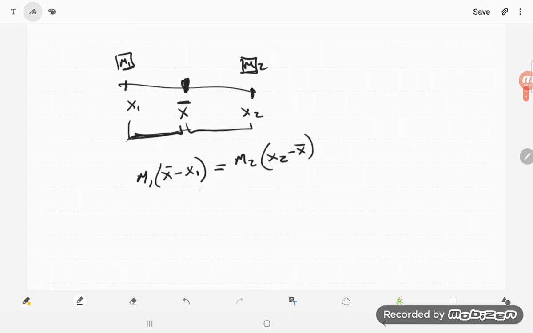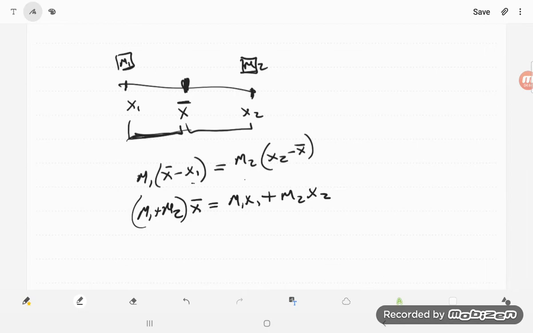And so then when we multiply through by things and all that, I can move the m1 x1 to the same side as the m2 x2, and I end up with m1 plus m2 times x bar is equal to m1 x1 plus m2 x2.